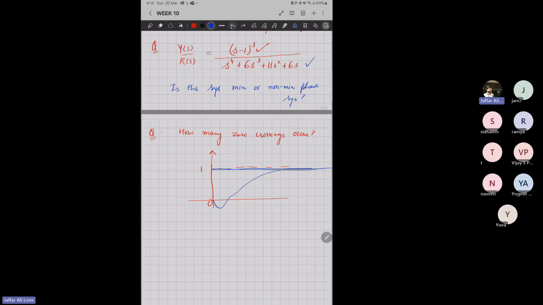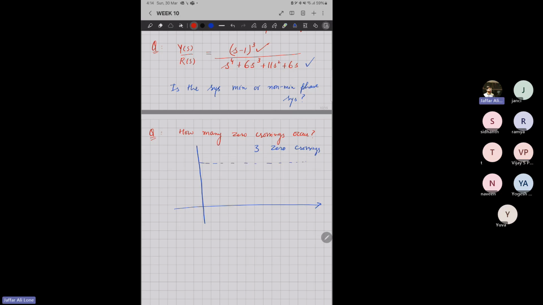Or let me make it in a better way, because I think you have questions on this as well, where the initial direction is right or not. So for this question, I'll write 3 zero crossings. So let me make the case of 3 zero crossings first.